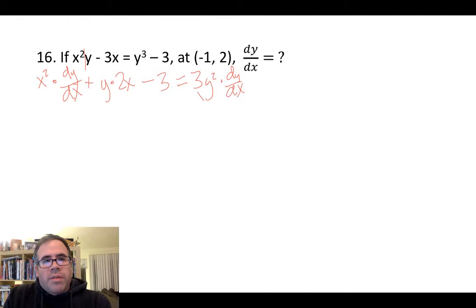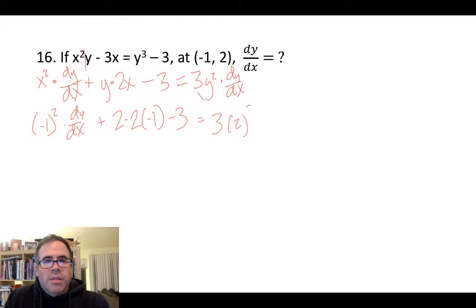Now, if we were trying to get a compact expression, we would do some simplification here, but we're not. We want it at just one point where we have both x and y. So we're going to plug in our x and y. X is negative 1. This becomes negative 1 squared times dy dx plus y is 2, so we have 2 times negative 1 minus 3 equals 3 times 2 squared dy dx.